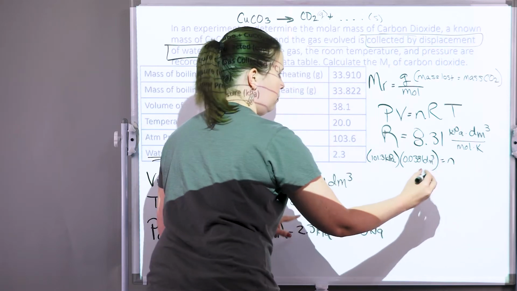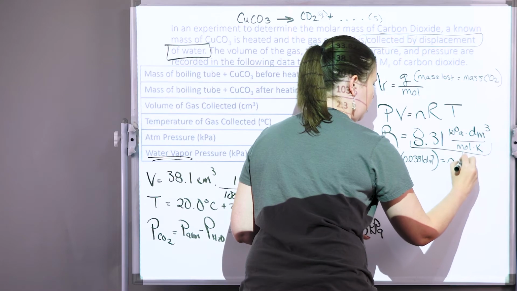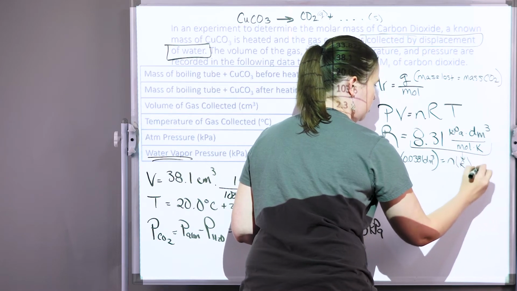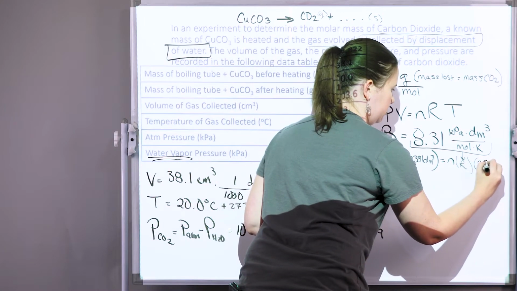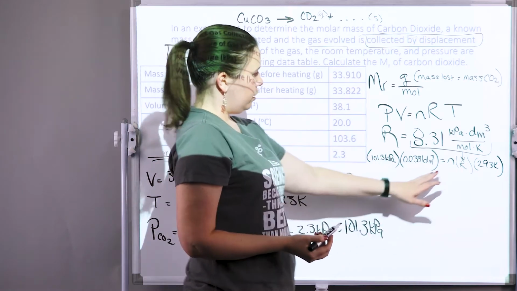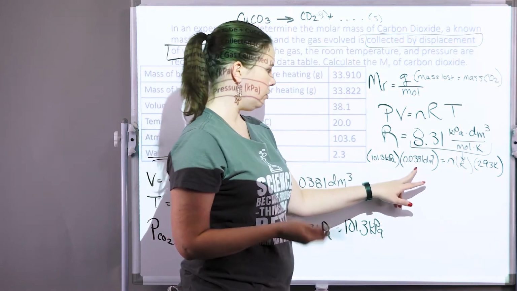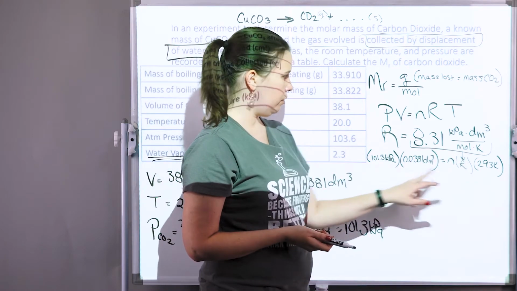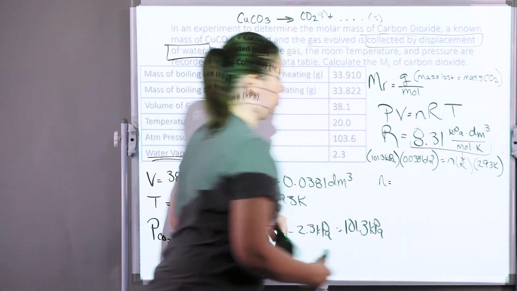I'm going to do n, and then I would plug in this R right here. And then the temperature was 293. Okay. So now to isolate n, I'm going to take 101.3 times my 0.0381, divide by R, and divide by 293. And I should be able to get the number of moles.